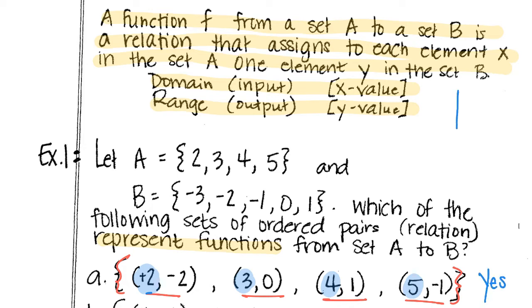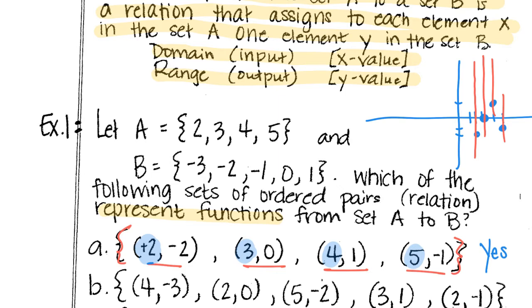Now, if I was to take all these points and graph them, (2, -2), (3, 0), (4, 1), (5, -1), we can use what we call the vertical line test to show that it only touches one time. It only touches one time. You probably did the vertical line test a lot more in Algebra 1, but let's go ahead and look at the next one.